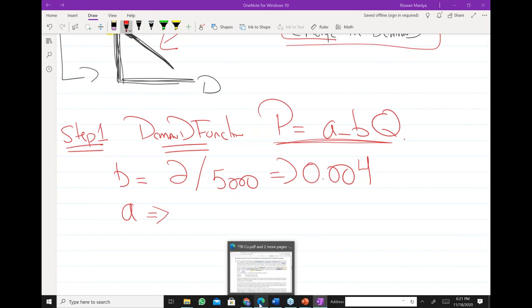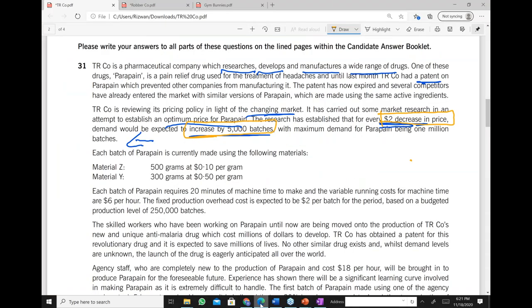Now, if you look here in the question, it says the maximum demand for paraffin is 1 million batches. Okay, so do I have the maximum demand here? Yes, I do have maximum demand, and I also have the value of gradient.